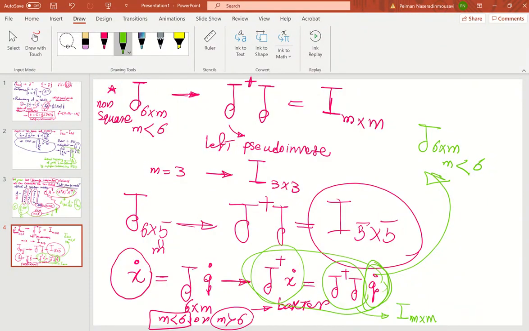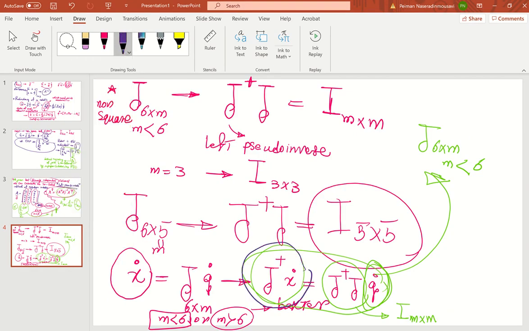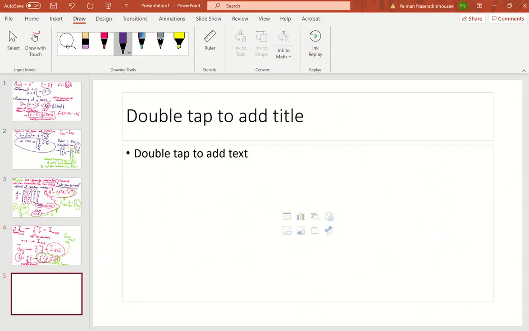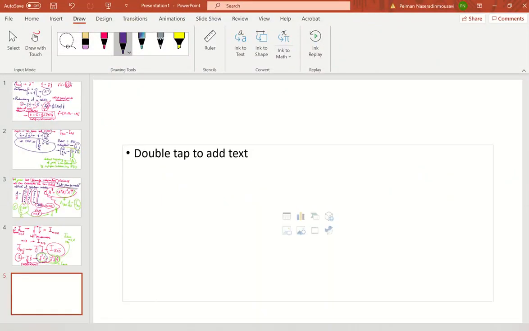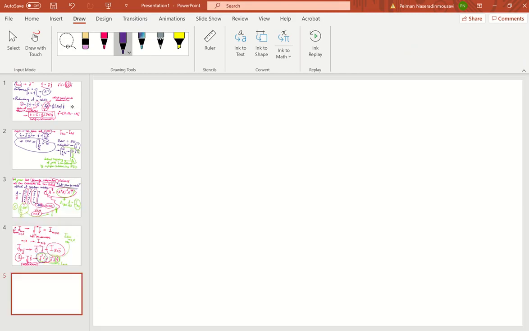And this side, let me discuss this also. Let me take this to the next page. So we got that if m is smaller than 6, you have the left pseudo inverse, right?